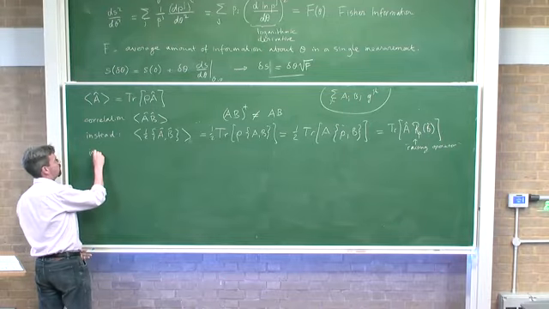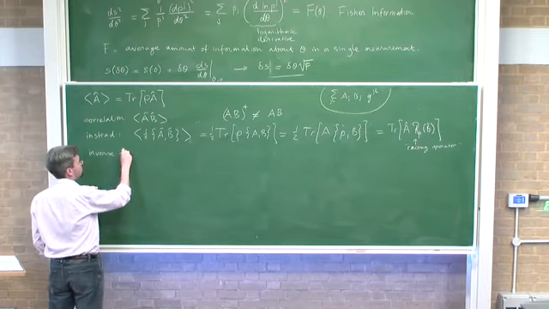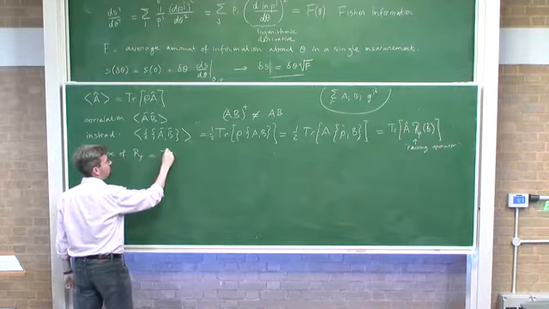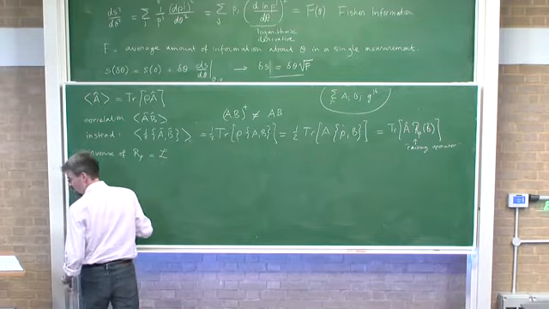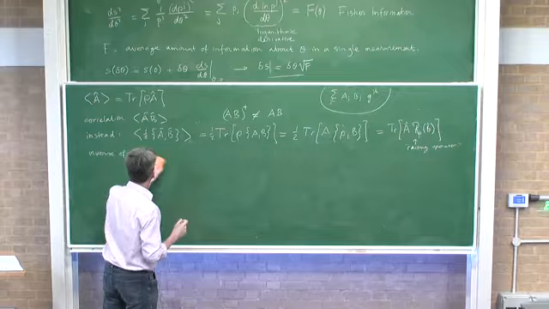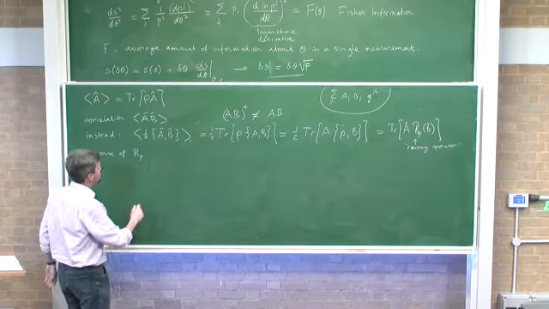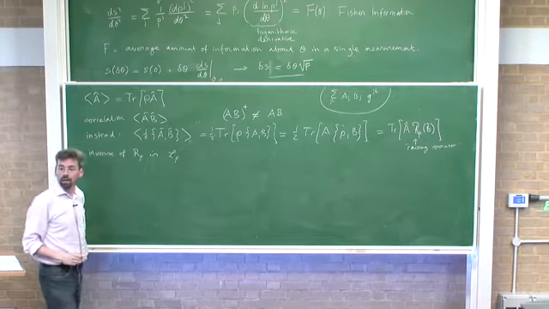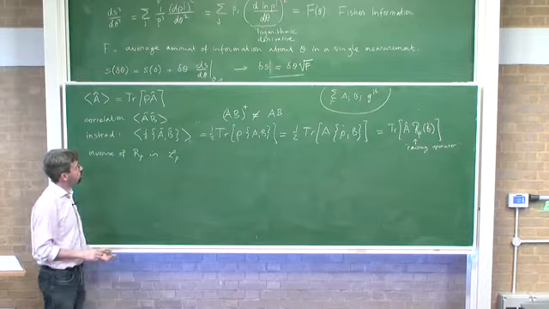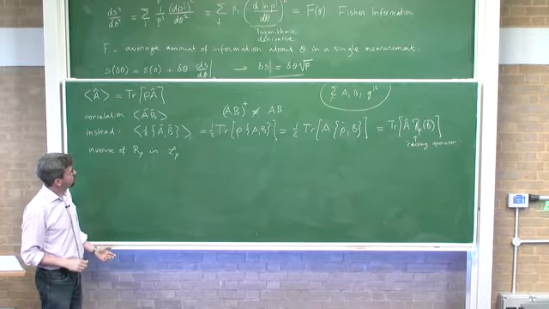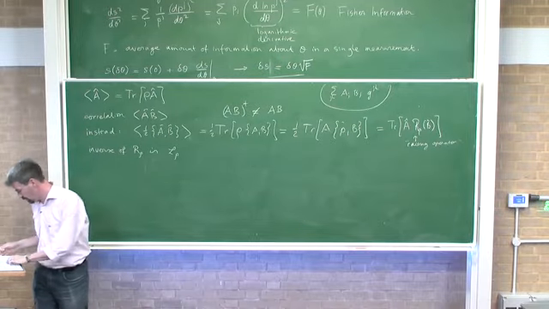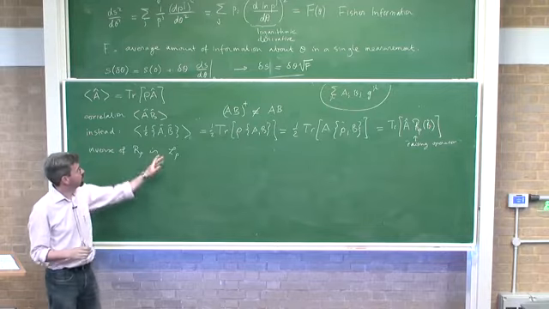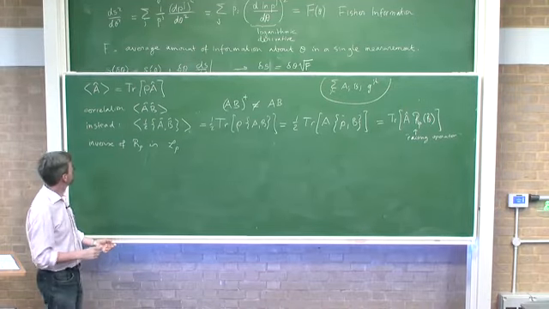So the inverse of R, well, we'll call it L, because that would be the lowering operator. Right? And so I think I'm going to just say what it is, because there's two forms.